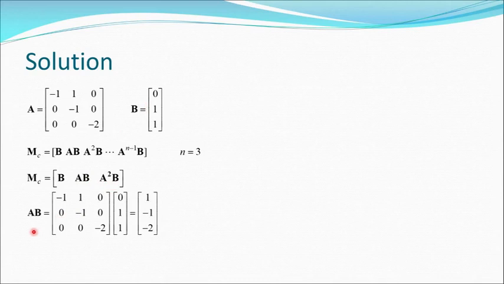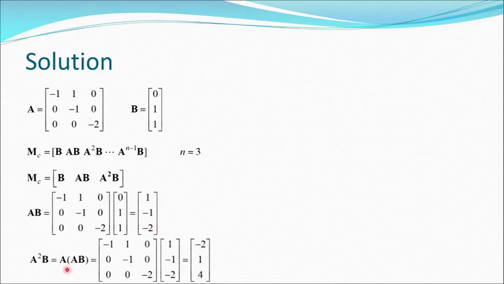So AB, or A times B, is equal to 1, minus 1, minus 2. And A squared B, or actually A times AB, is equal to minus 2, 1, 4.